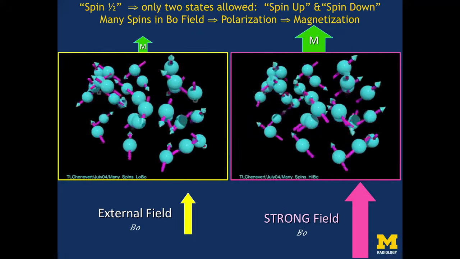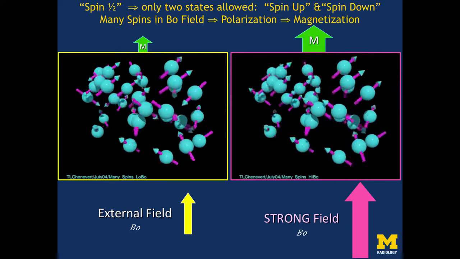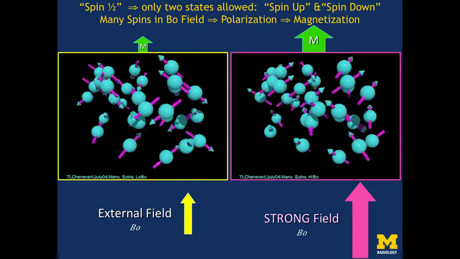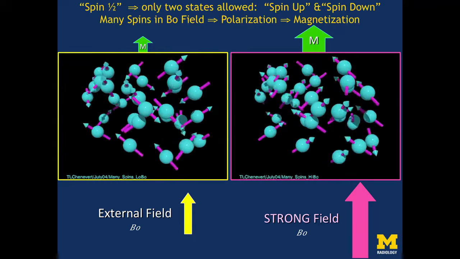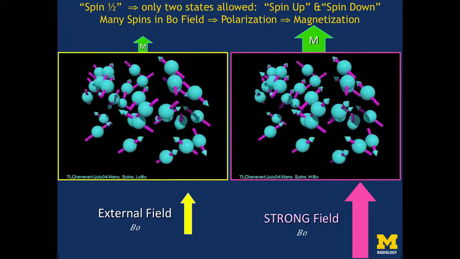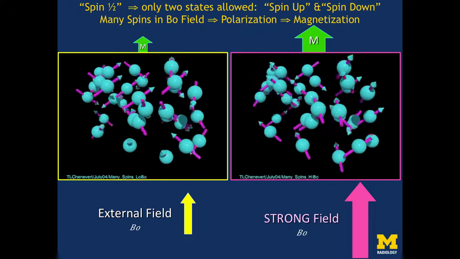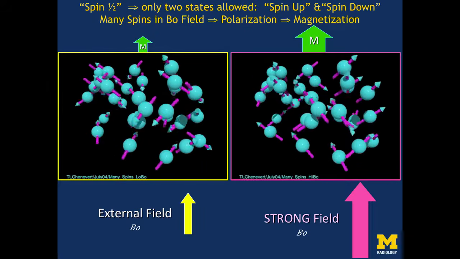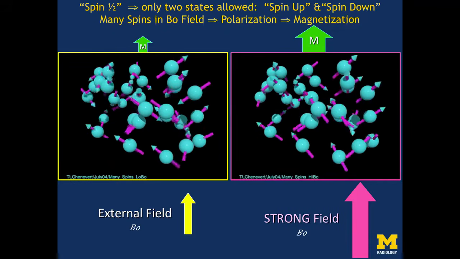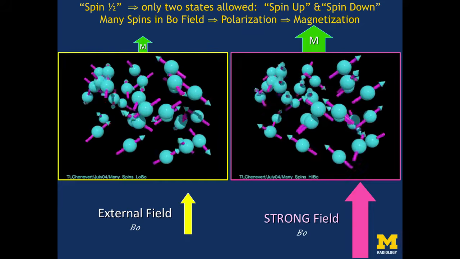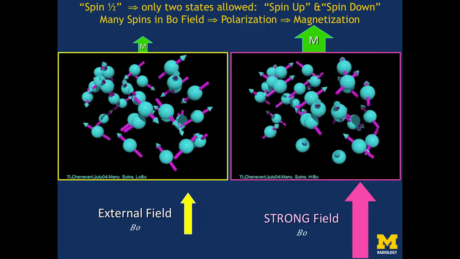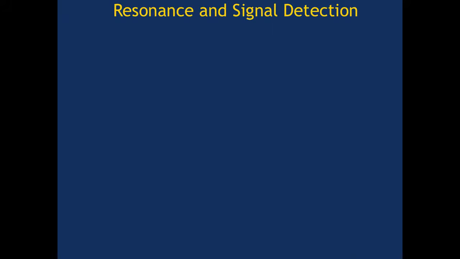That macroscopic magnetization, the net magnetization, the average of all those little magnetic moments, is pointing with our external magnetic field. More importantly, it's proportional to the strength of the magnetic field. So if you have a very strong magnetic field, you'll have a greater degree of polarization of the magnetization.